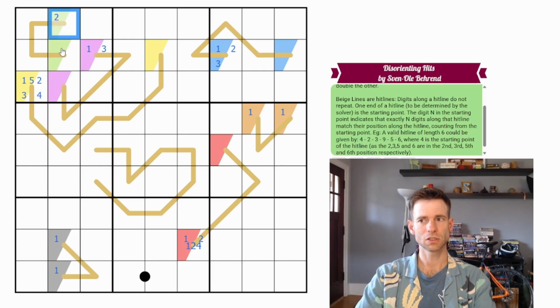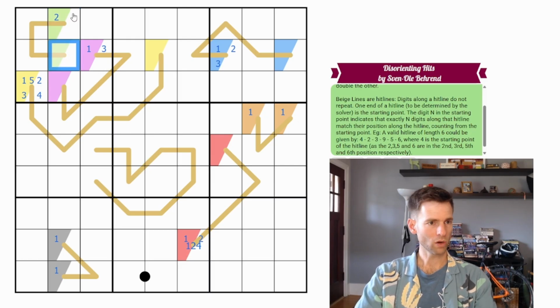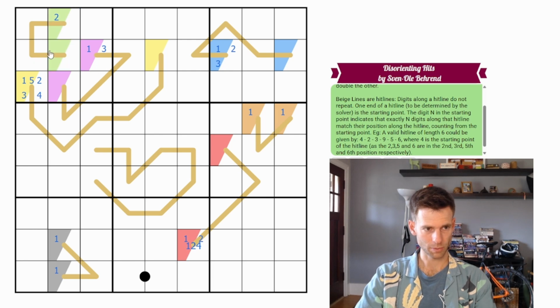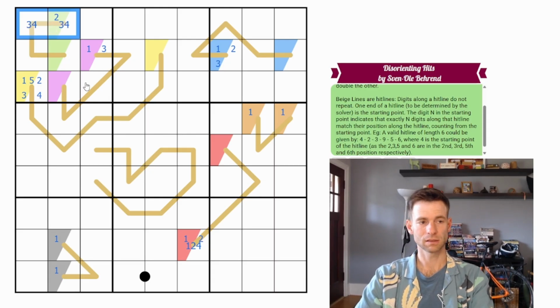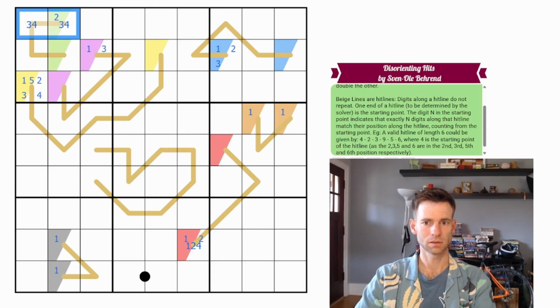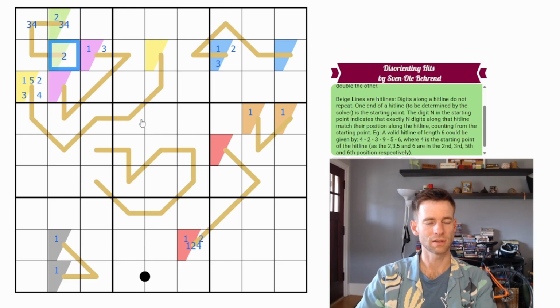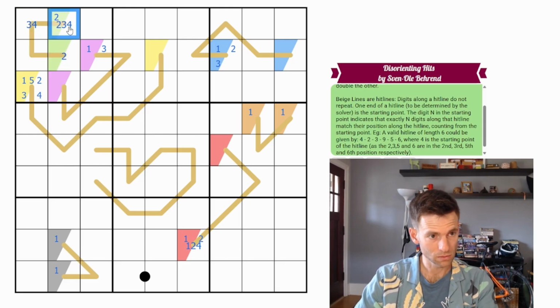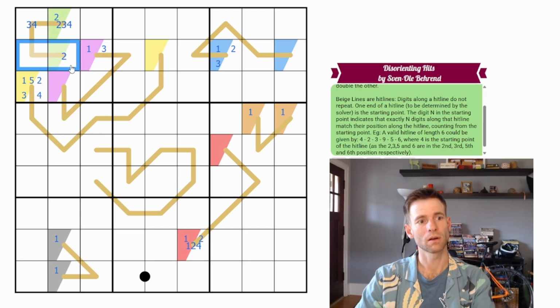So if this is a 2, whichever one is the starting 2, if it's this one, then it's in the wrong position, and you can't put a 2 in the correct position, so the other 2 have to be a 3, 4. Like this. In the other situation, if this is a 2, then these 2 are 3, 4.